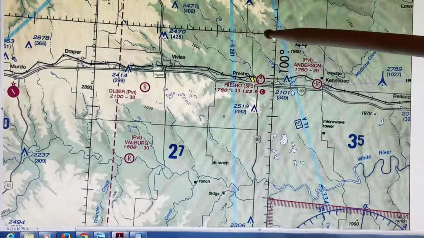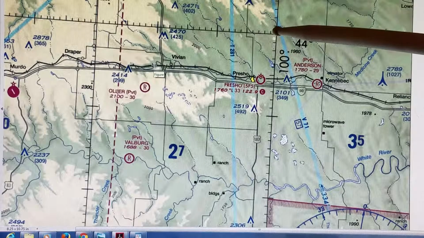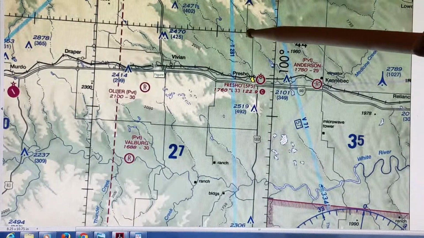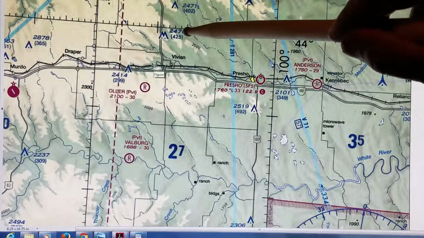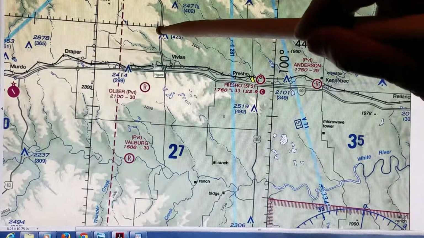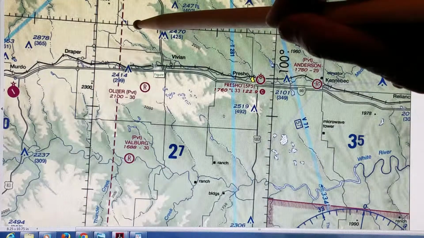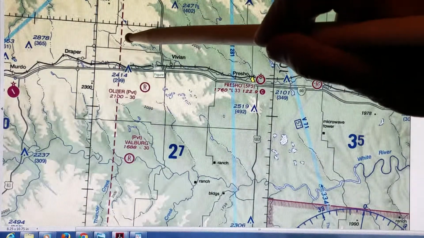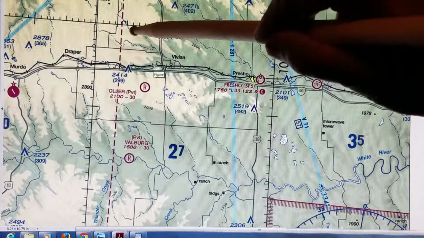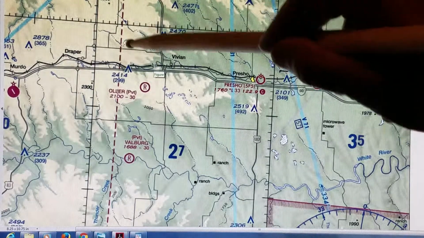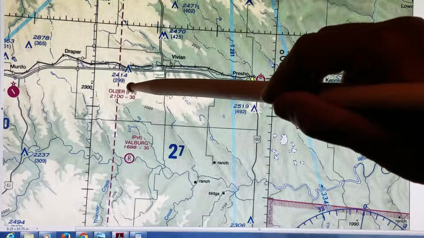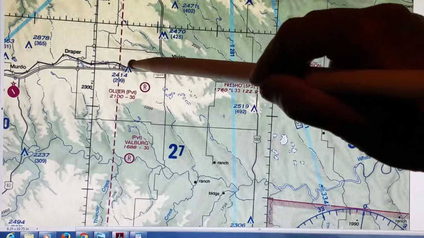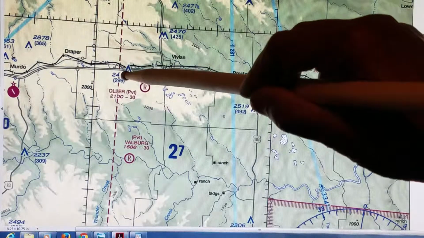So 100 degrees and 10 minutes, 20 minutes, 30 minutes, 40 minutes, and yeah, you can say 50 minutes. So 100 degrees and 50 minutes longitude, and latitude is 43 degrees and 50 something minutes.